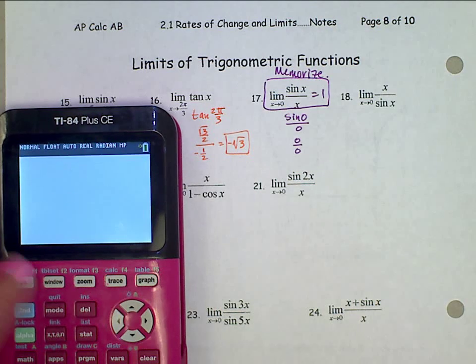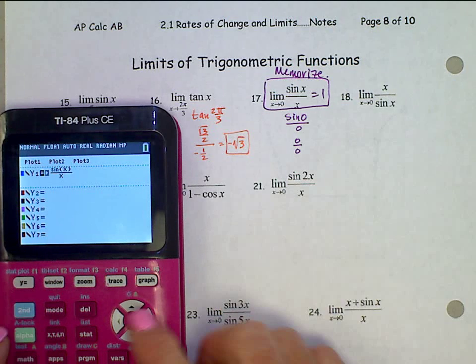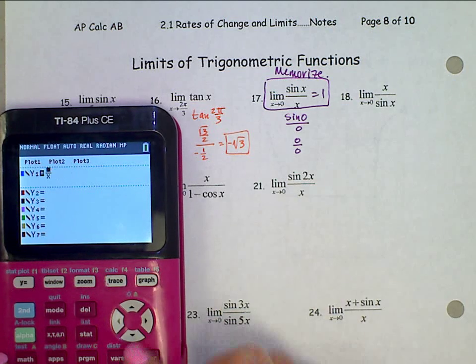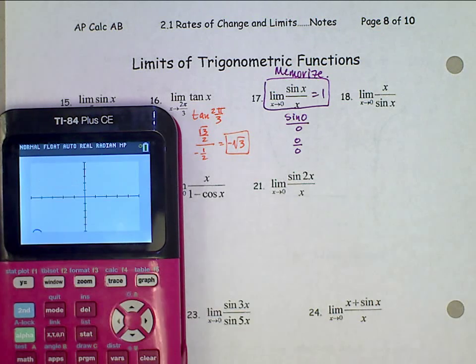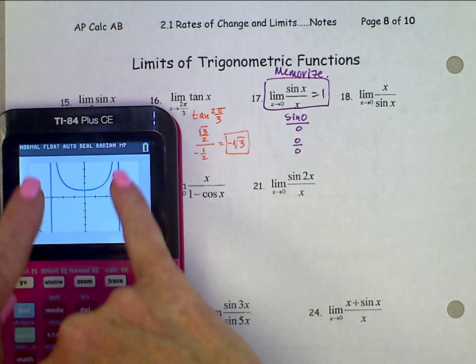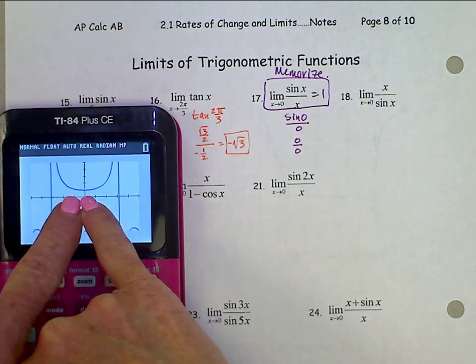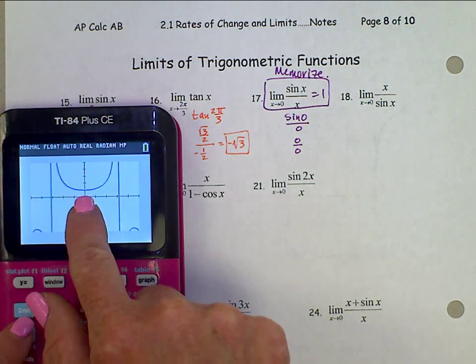If we look at the reciprocal of that function, same viewing window, same idea here, looking as x gets close to 0, y values look like they're getting close to 1.